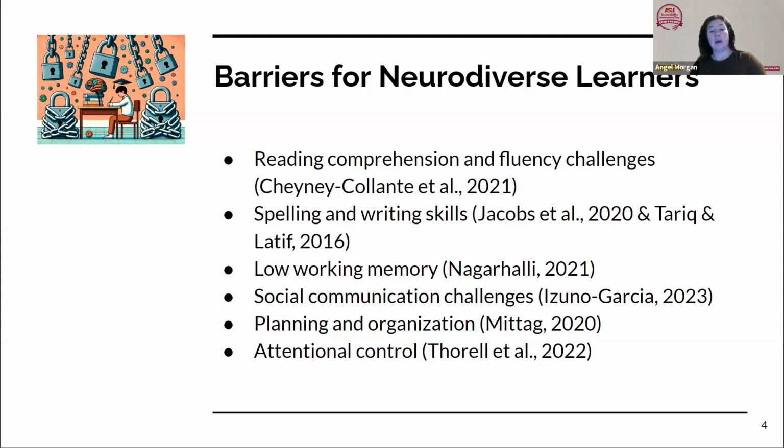Dysgraphia also affects organization and consistency of writing, making it difficult for individuals to convey their thoughts clearly. With ADHD, students often struggle with working memory, which is crucial for holding and manipulating information over short periods of time. This really affects their ability to follow multiple-step directions and will impact their academic performance. So it's important that we provide tools to support these students or allow students to use the tools that work for them in order to help them be successful. Next slide, please.